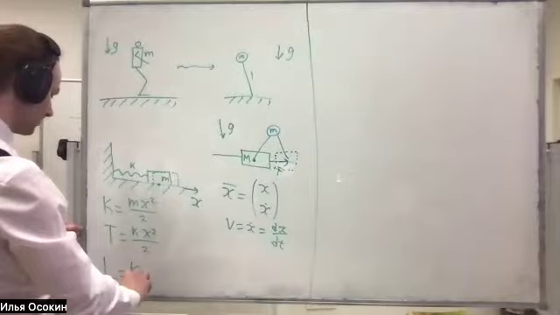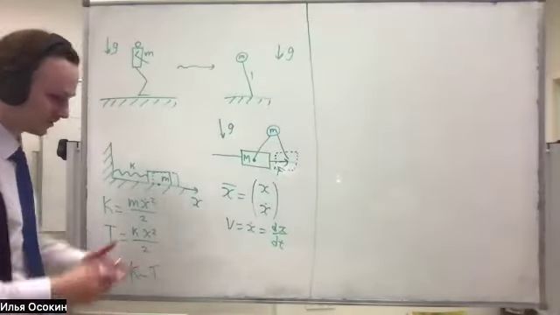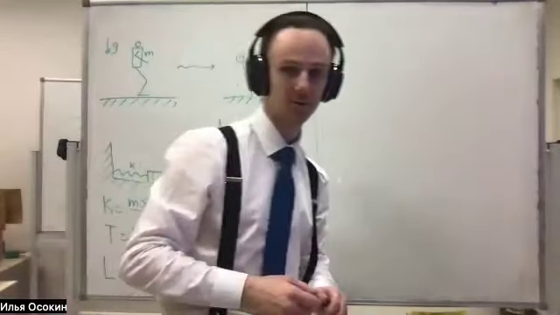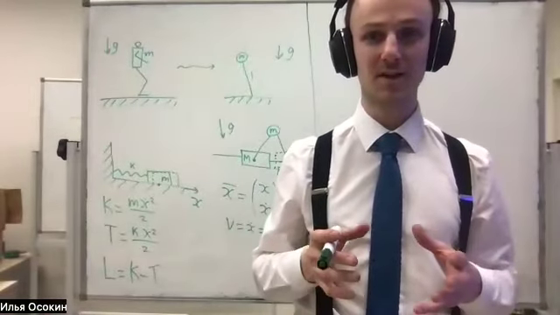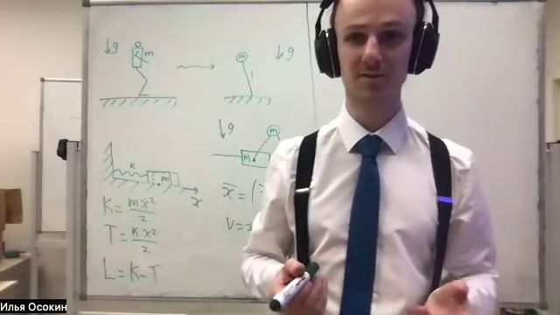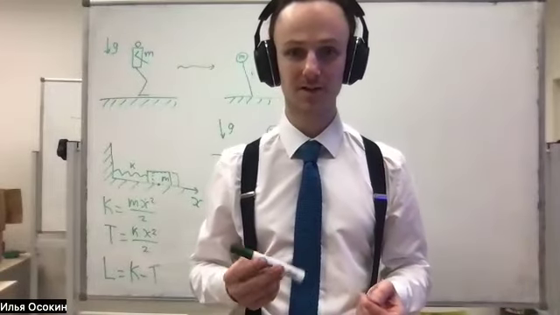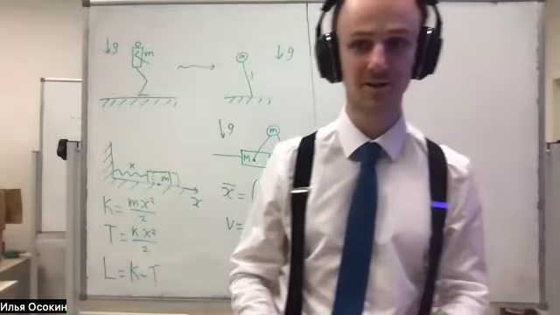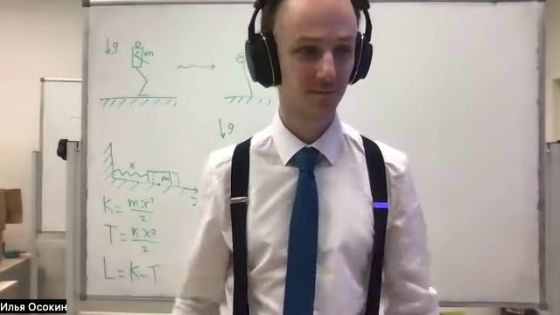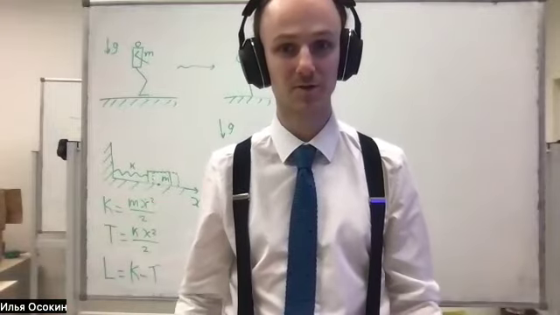So kinetic minus potential. It could seem counterintuitive at first. We are used to adding them to obtain the whole energy of the system, the total energy. But Lagrangian works this way, so I'm not going to prove that. That requires variational calculus and some purely mathematical tricks.